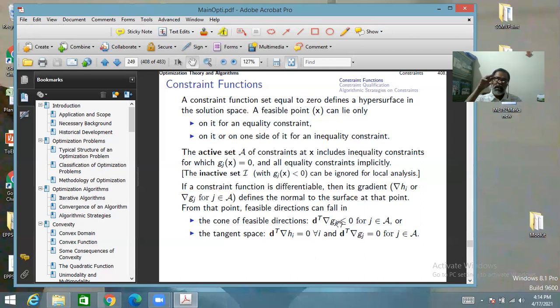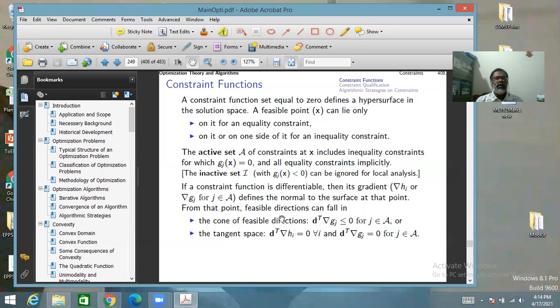So three such will define a cone kind of situation. For that you use the word cone. That is a generalization in higher dimension. So all these continuously varying directions, which take you inside that inward cone, are feasible.